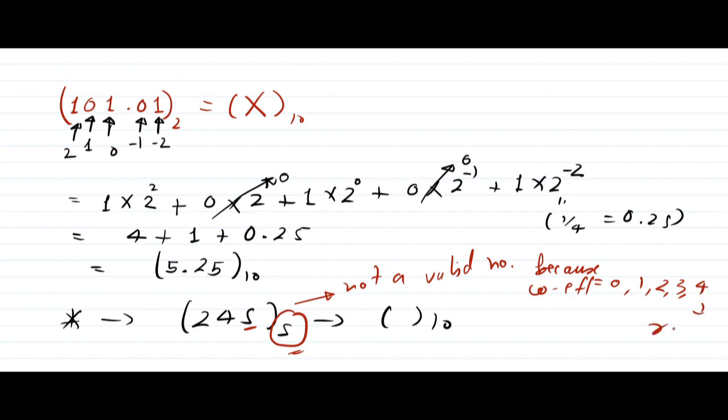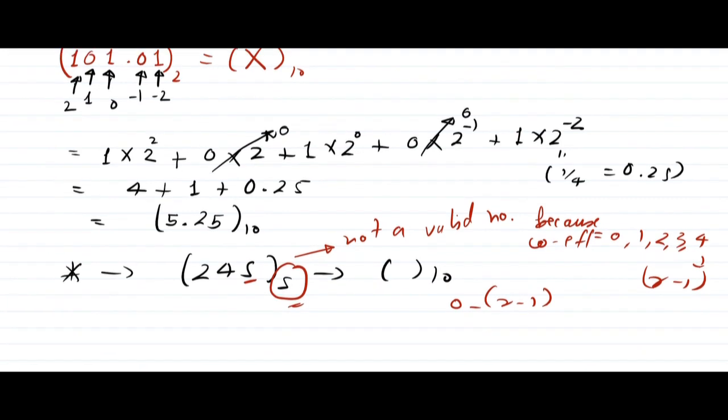The coefficient can be from 0 to r minus 1 only, and here r is 5, so the maximum coefficient that I can use is 4, right, not 5. So this is not a valid number.